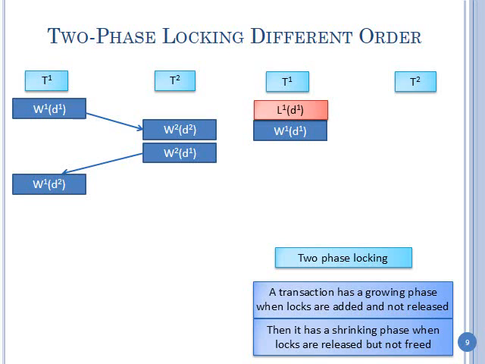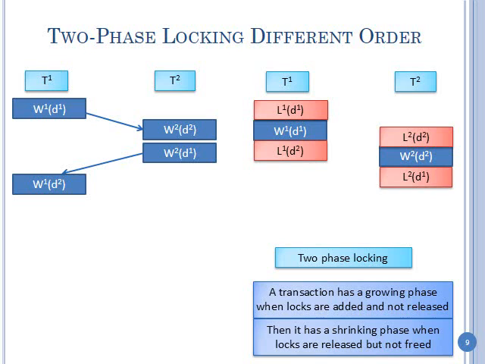Hasn't got lock two, which means this guy can get lock two. This guy tries to get lock two, it's going to wait. This guy writes to it, it's lock two, it tries to get lock one, it's going to wait, and this is your deadlock situation.